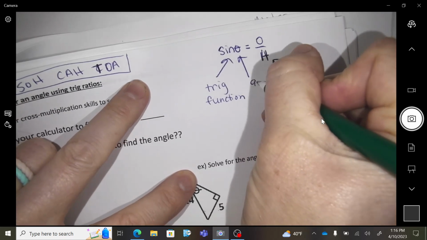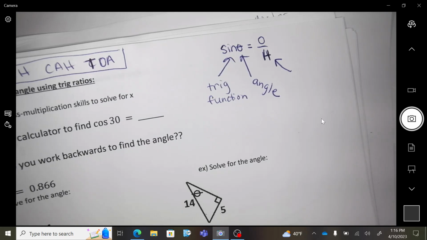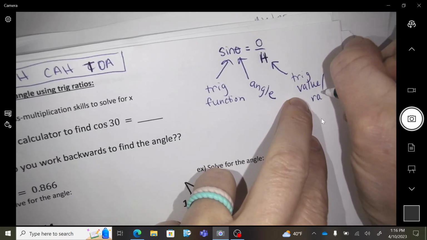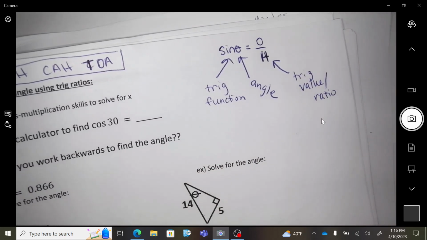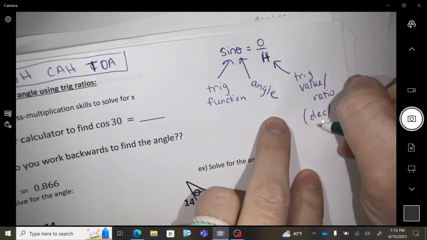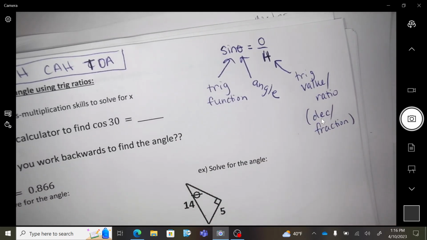Then you always have an angle. And it always equals a trig value or ratio. It could be a decimal, it could be a fraction. So the sine of an angle equals a trig value, fraction, whatever it might be.